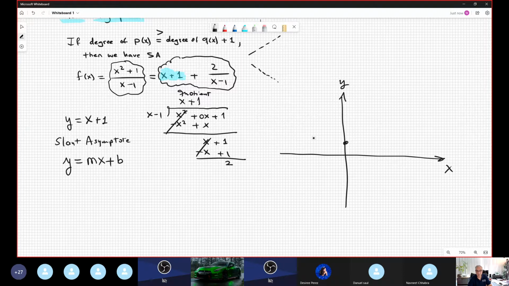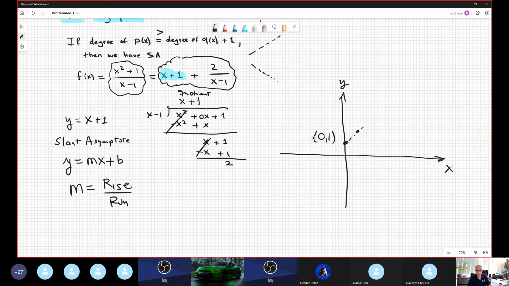I plot that point. The point is (0, 1), and the slope is also 1. And you apply run and rise. So slope is always rise over run. And run is 1, rise is 1, because the slope is 1. So it's positive. From the point, over and up, you get the second point.